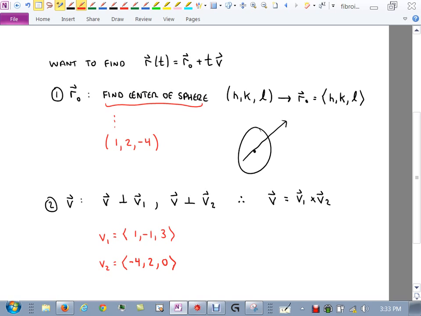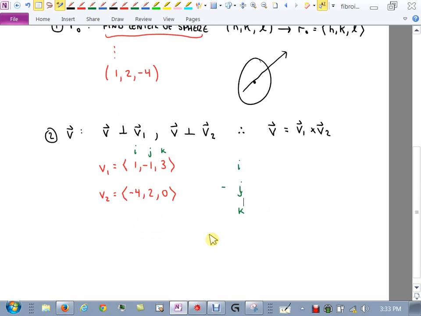And now I will cross the two. So I'm going to throw the i, j, k in there. And I'll figure out what i is, and then remember it's going to be -j and then k here. So what's i? I do my little determinant. 0, take away 6, so -6.